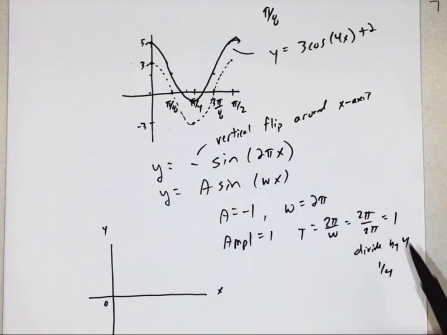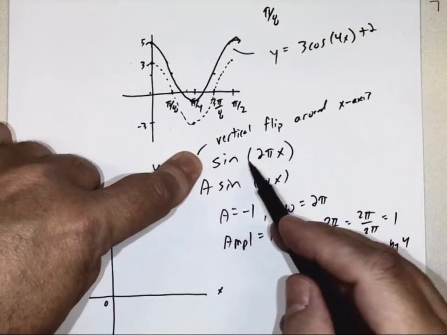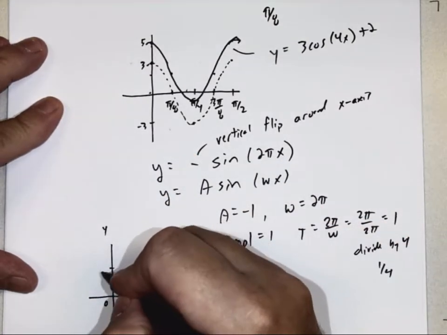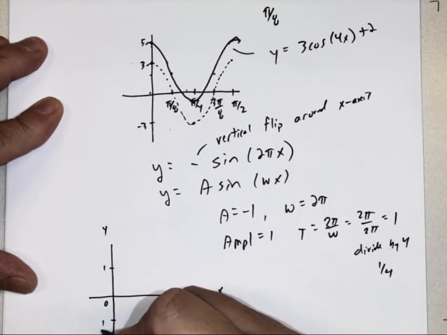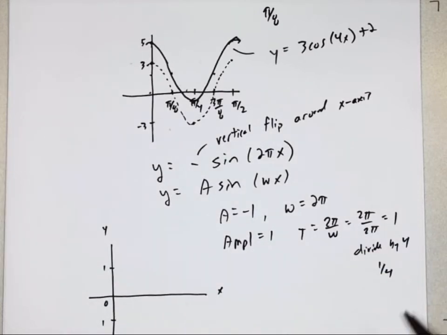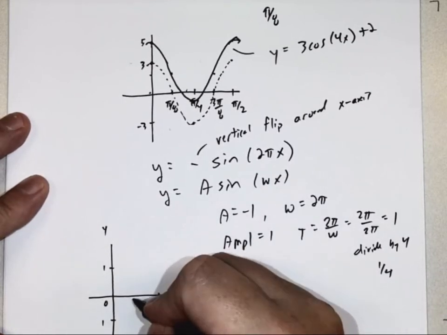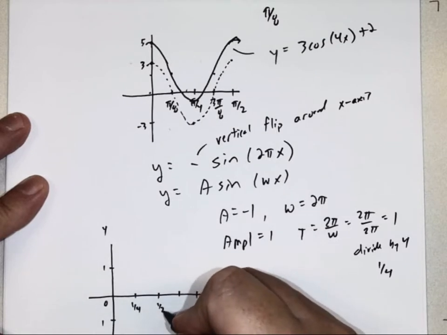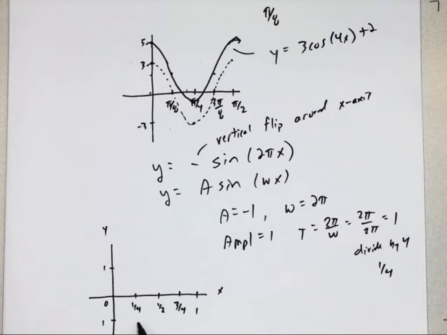Let me get to that in a minute. Let's first do a dotted line graph of sine of 2 pi x. First of all, amplitude is just 1. Period is 1. So if I break it up into my 4, it'd have 1/4, 1/2, 3/4, and 1.